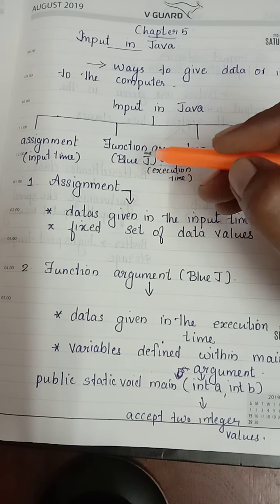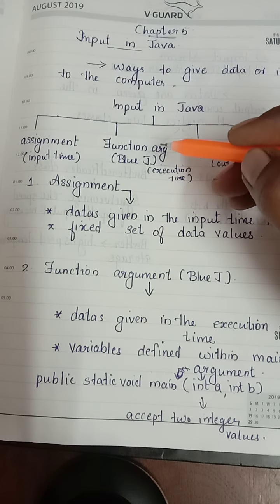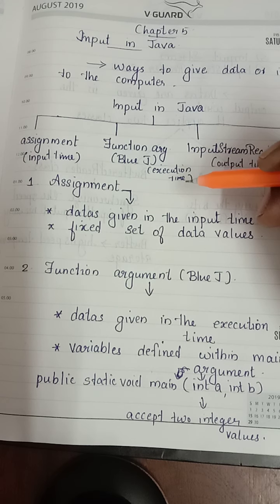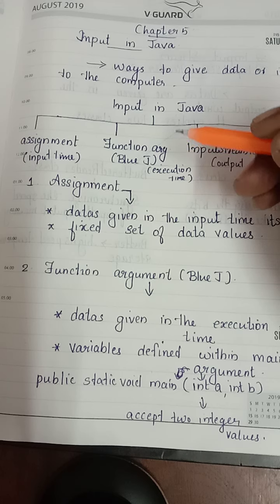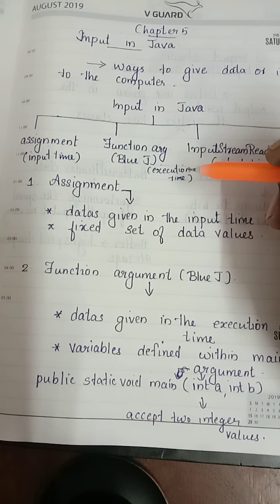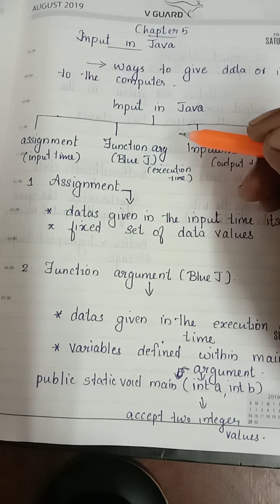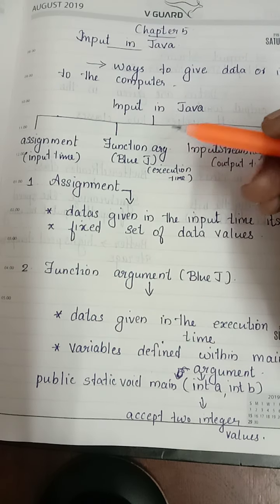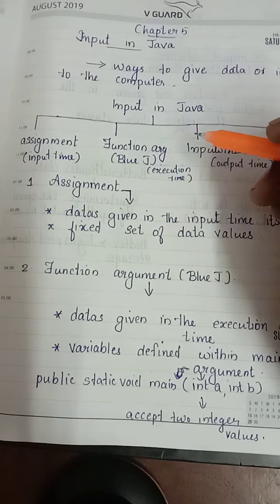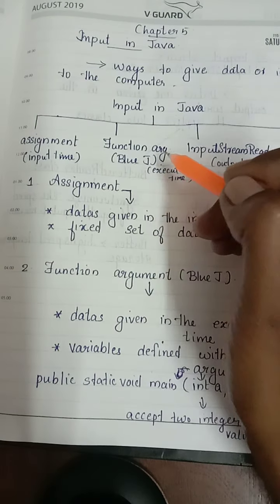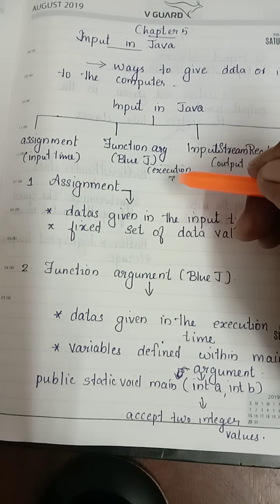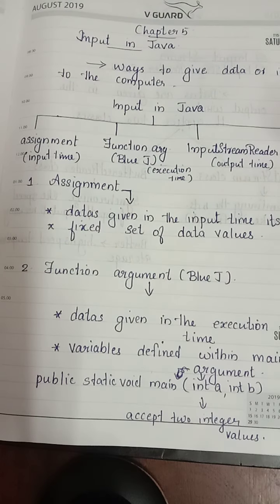In the function argument, we give the input at the execution time. I hope you all remember the execution of Java programs; last year we did some programming in the computer lab also. In the function argument, at the execution time itself, we give the values.